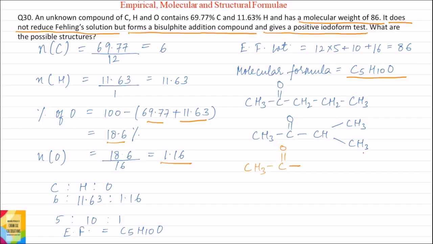So how many carbons and hydrogens are left? 3 carbons and 7 hydrogens are left, which means this CH3CO group is attached to a C3H7 group. Now if these 3 carbons are arranged in a straight chain without any branches, then this is one of the possible structures of the methyl ketone. And if this 3 carbon chain is branched, then this is another possible structure of the methyl ketone.